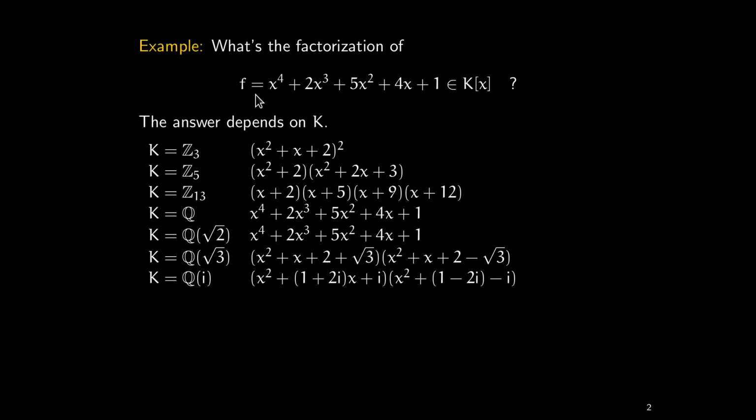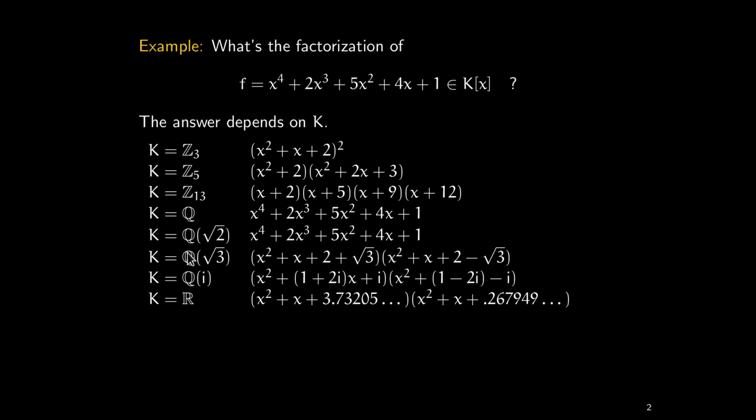And in fact, it would be fair to say that the f is a completely different polynomial depending on whether k is this or this. So you see it has a completely different factorization, and it may even have a different number of factors. You can also factor over the reals. If you do this, then you get essentially this factorization here, because this here is a real number, but 2 plus square root of 3 is also a real number.